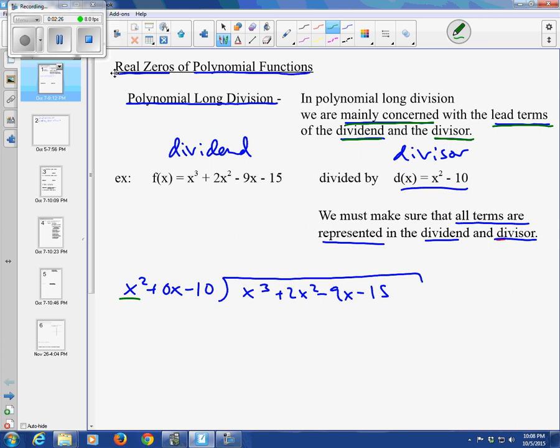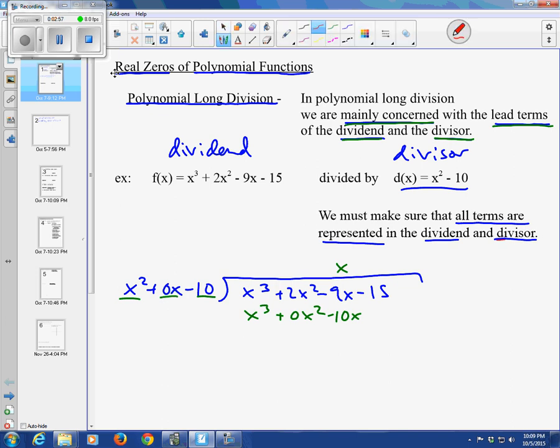So what we're basically going to be saying is, what do we need to multiply our x squared by in order to get x cubed here? And of course that's going to be x. We multiply x squared and our x, and we get x cubed. Whatever we multiply the first term of our divisor by, we're going to multiply the next two terms by. And right here we will get plus 0x squared, and then right here minus 10x.